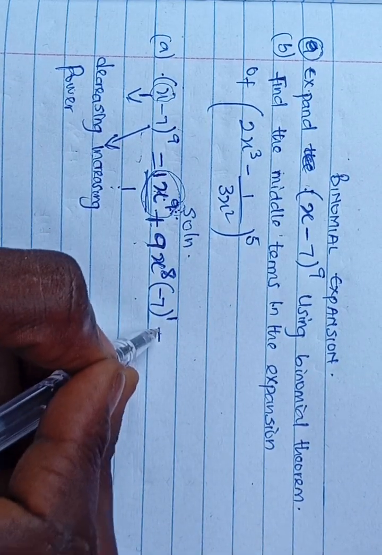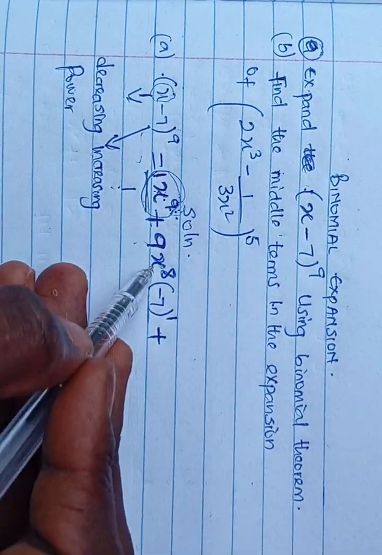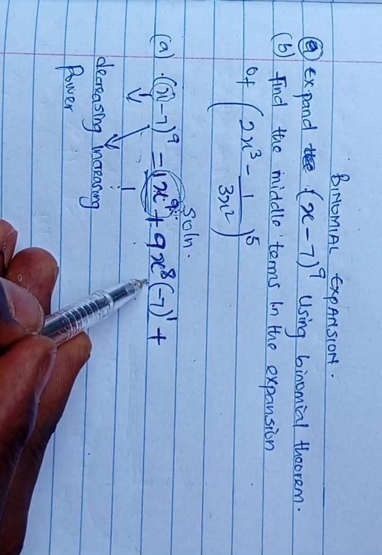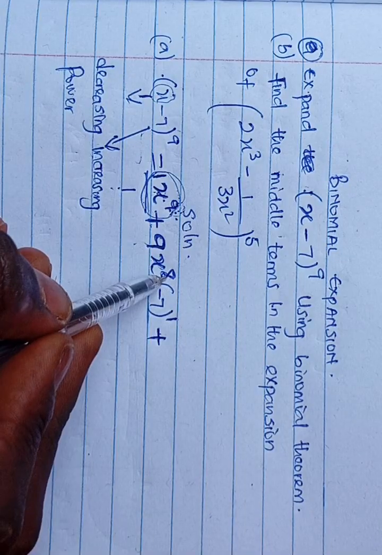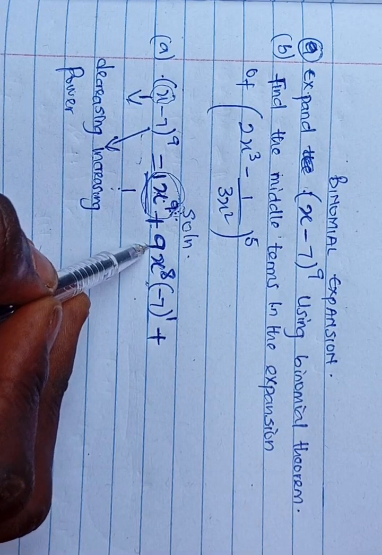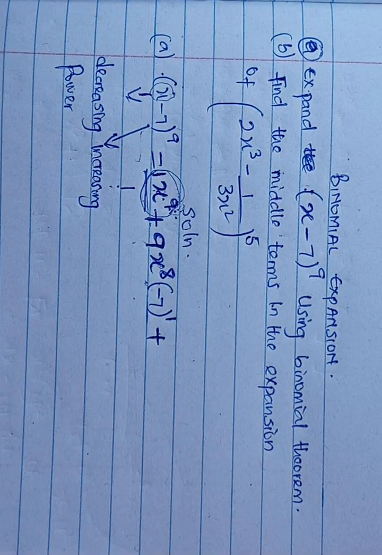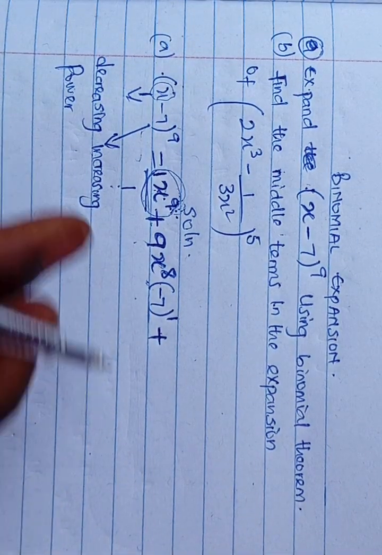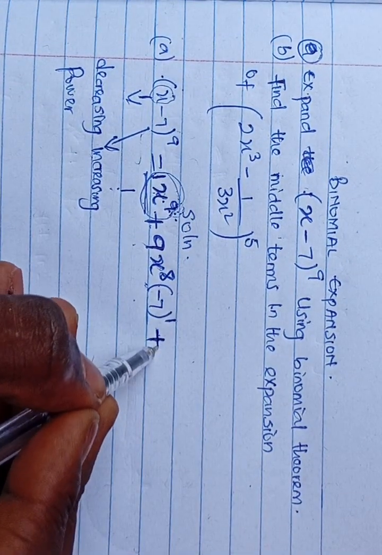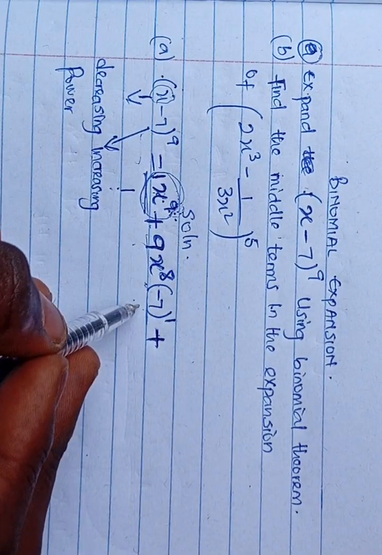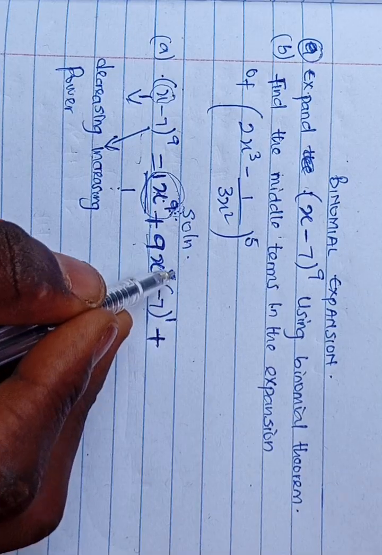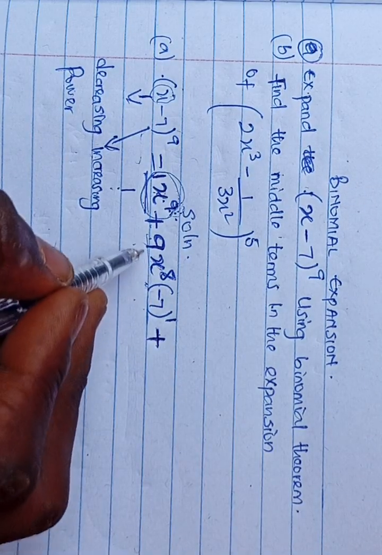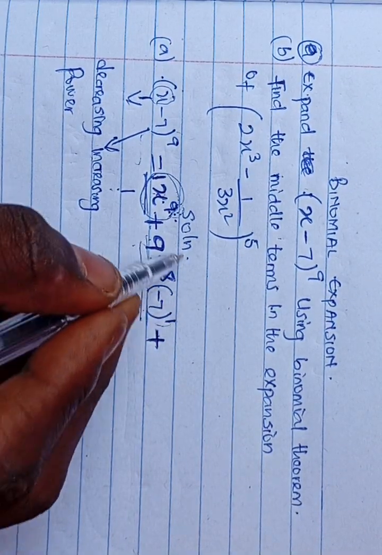Plus, now you are using the power of x, not the power of minus 7. Do you understand? You now have to say that 8 multiplied by the coefficient of x now, which is 9. It means 8 multiplied by 9, and that will give you 72. You don't write that 72, because there still remains one step that you will have to follow. 8 multiplied by 9 is 72, divided by what position is this term?